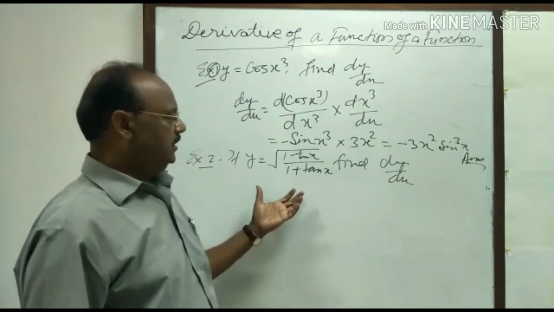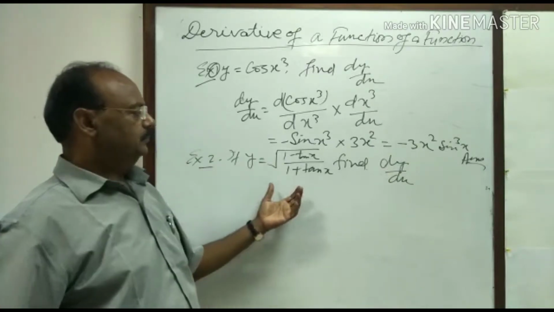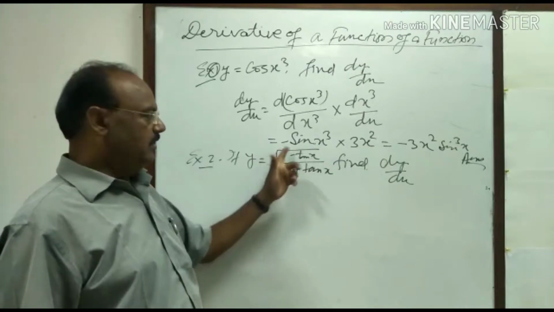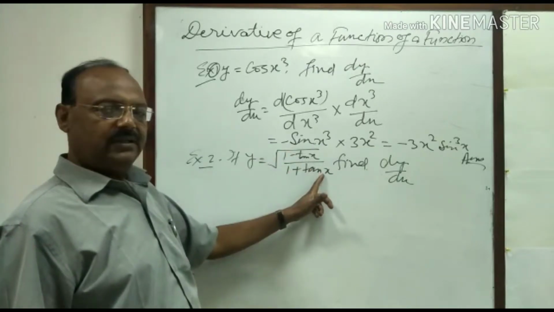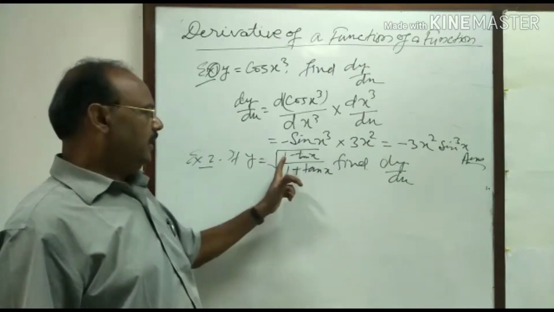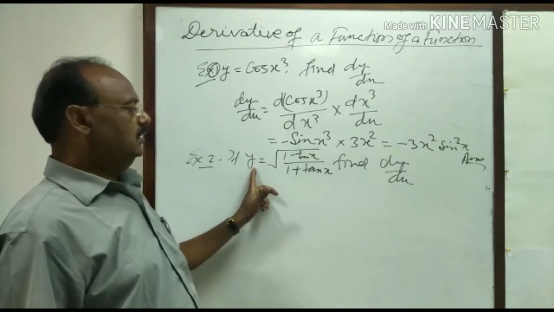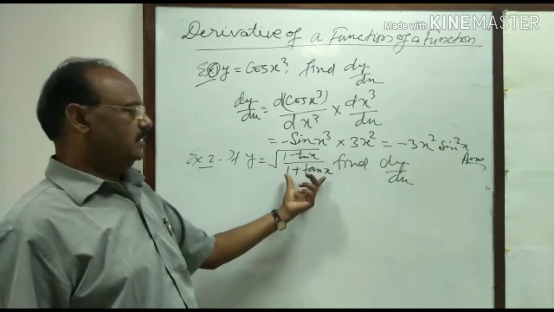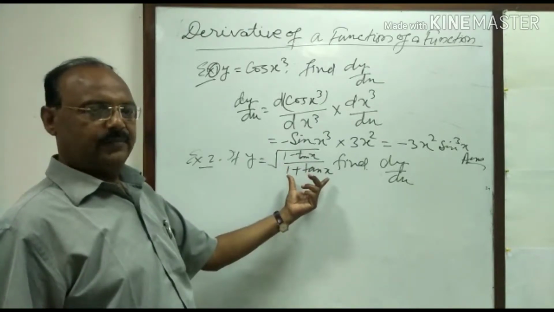Here also you can see that expression inside the radical sign is a function of x, and again this y is a function of this expression (1 minus tan x) upon (1 plus tan x).